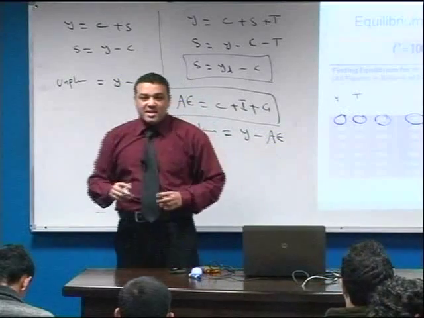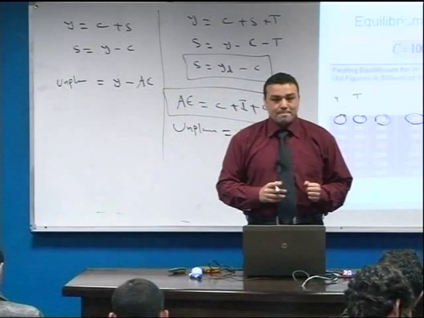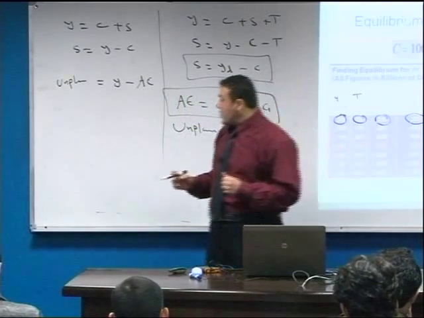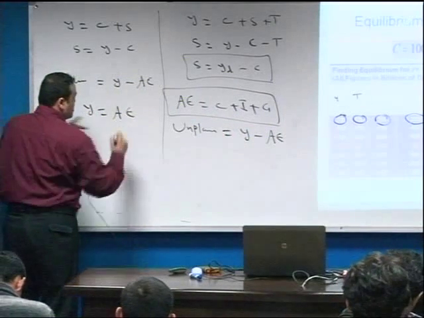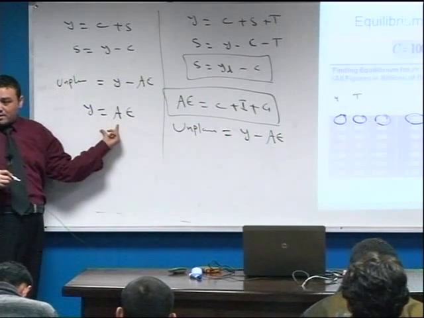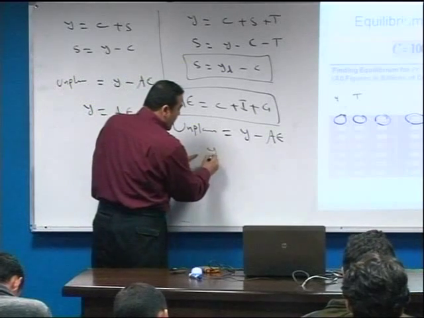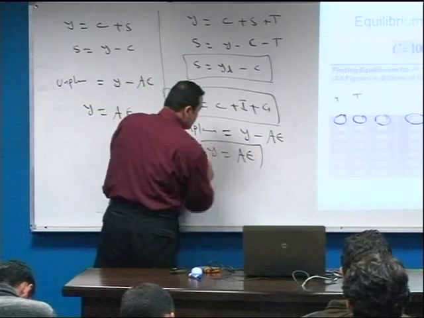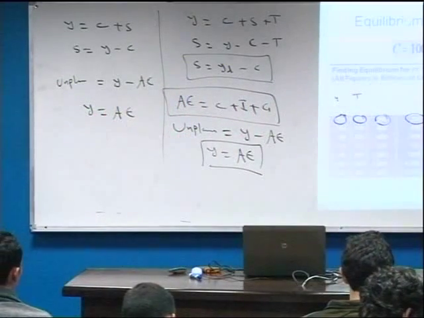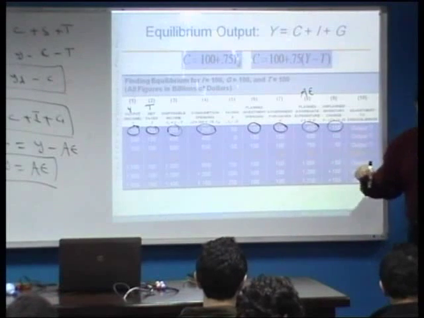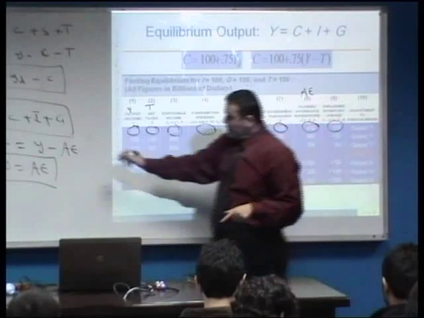Calculate or determine the equilibrium output or the equilibrium income. The equilibrium occurs when Y equals aggregate expenditure if we don't have a government, and the same if we have a government. So where is the case in which Y equals aggregate expenditure, or the unplanned change in business inventory equals 0?